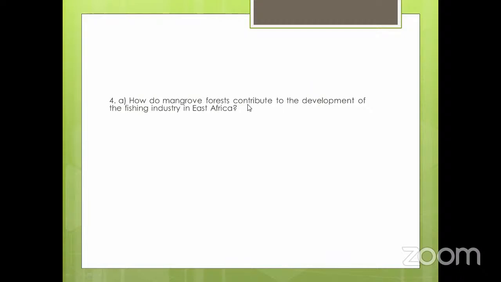This is what we have been sharing. I want one person to give us the response. How do they contribute to the development of the fishing industry?